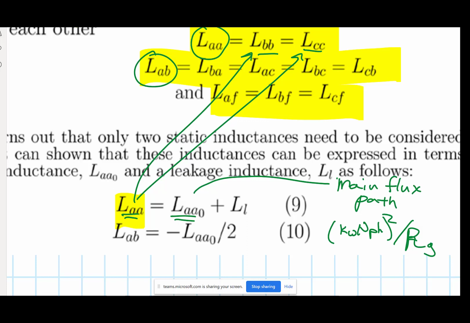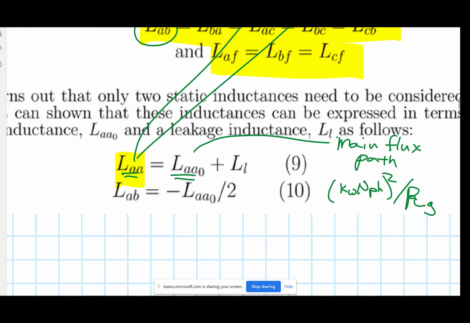And if you ignored the contribution of the iron of the rotor and the iron of the stator, said that if mu is nearly infinite for everything that's in the core, this is just the air gap reluctance. It's that simple, okay?